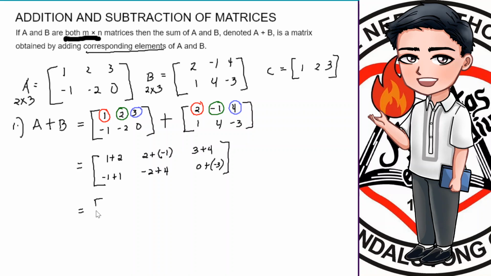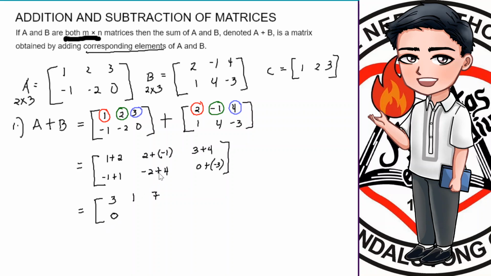1 plus 2 will give us 3. 2 plus negative 1 will give us positive 1. 3 plus 4 will give us 7. Then negative 1 plus 1 is 0.